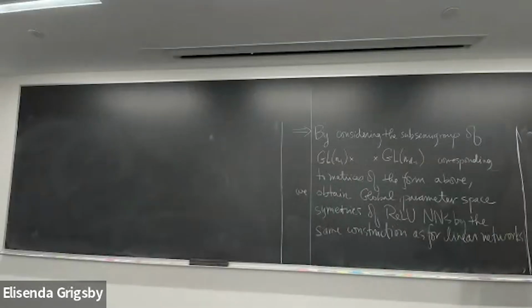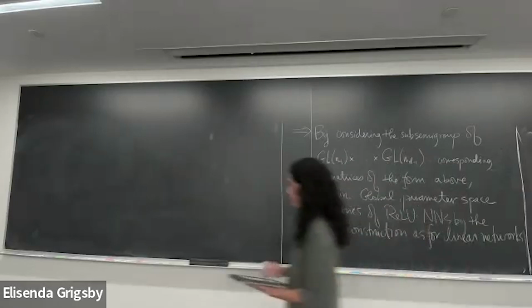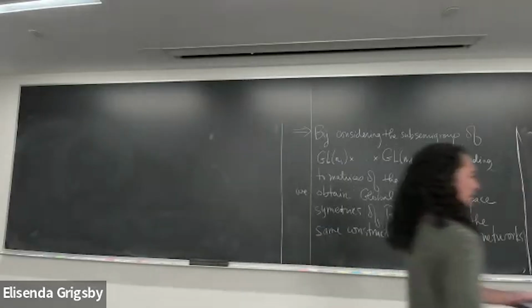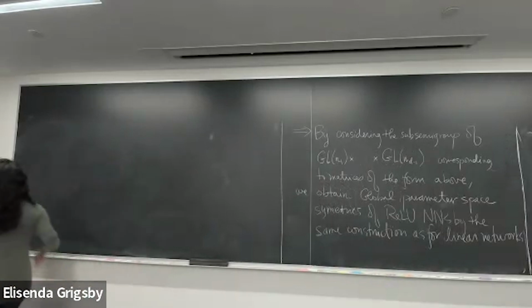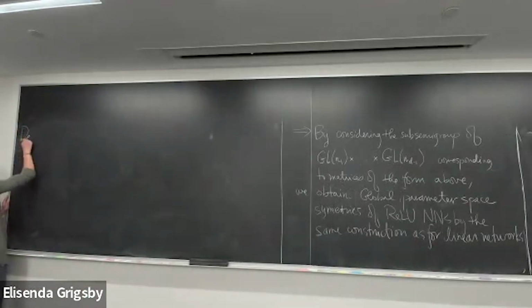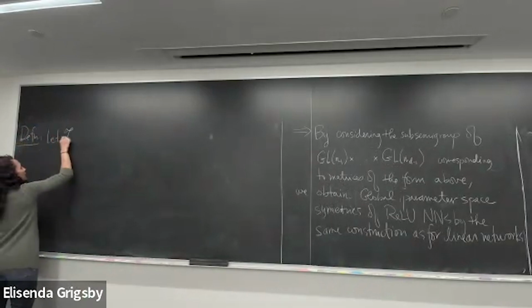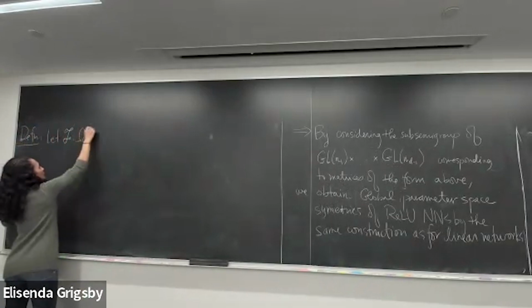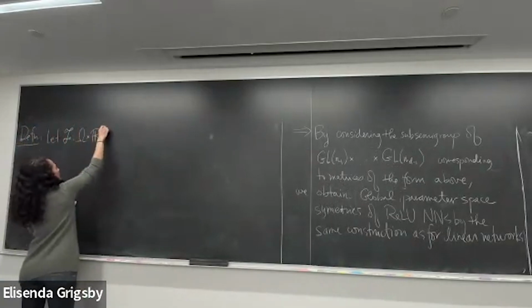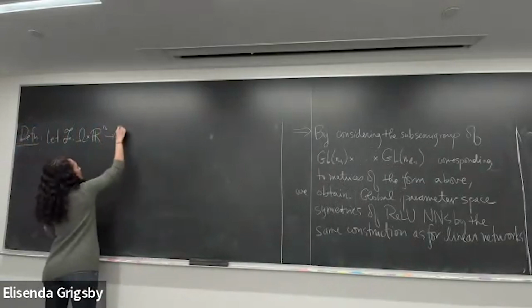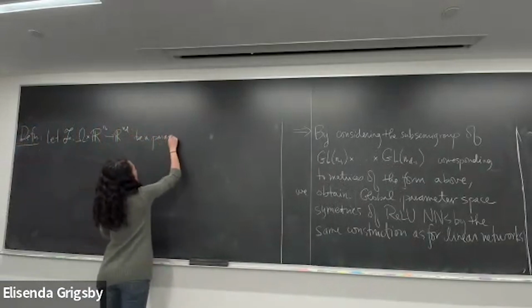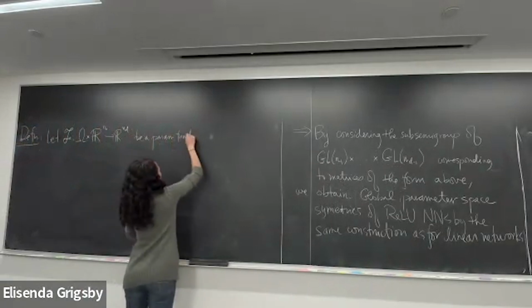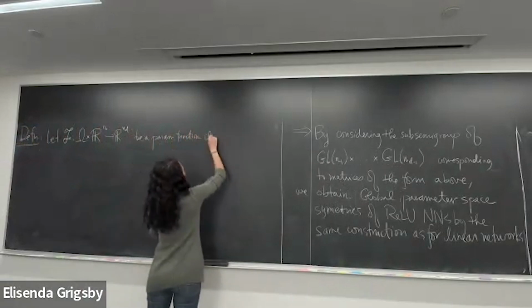Okay, so let me now just give a quick definition of local parameter space symmetries, and that will set me up for next time. So here's another definition. Let F be a parameterized function class, for machine learning, supervised learning.